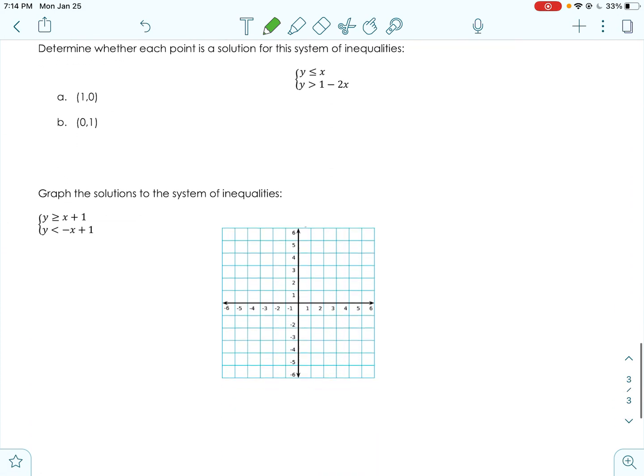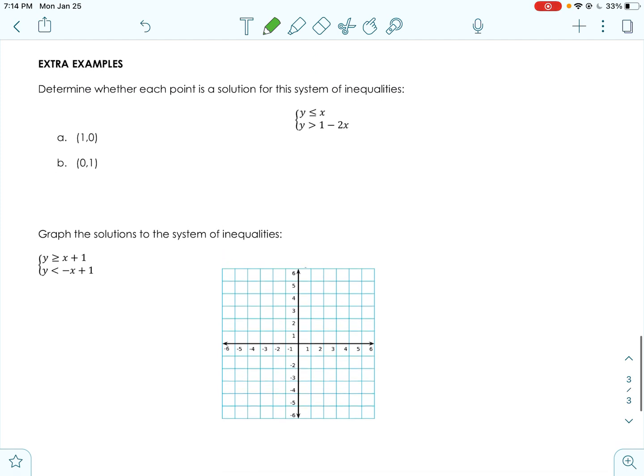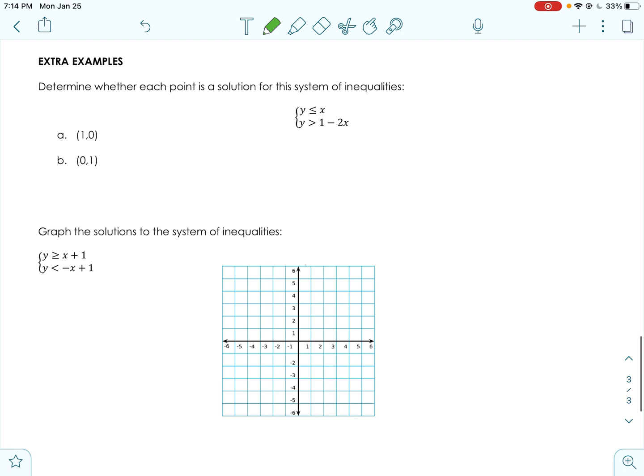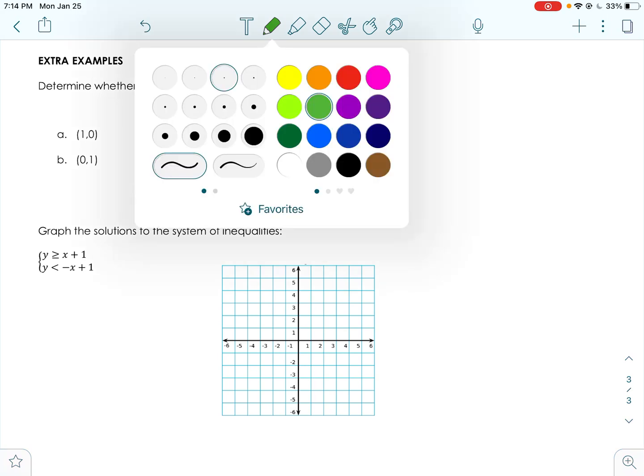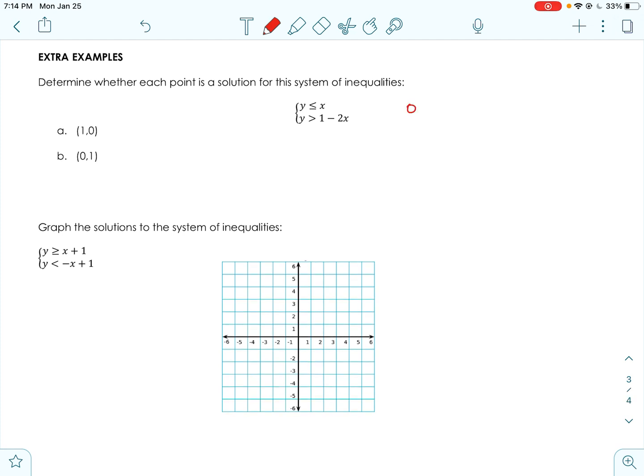So what we're going to do is two more examples. In the first example, it says determine whether each point is a solution for this system of inequalities. Whenever you want to determine if a point is a solution, you're just going to plug that point into the two equations. So if we look at this first one, we'd have 0 is less than or equal to 1. That's true.